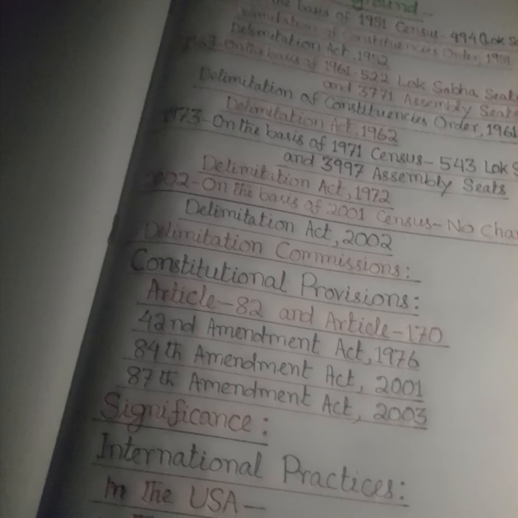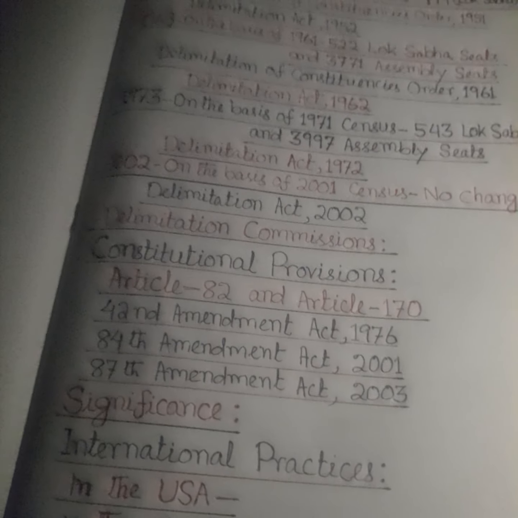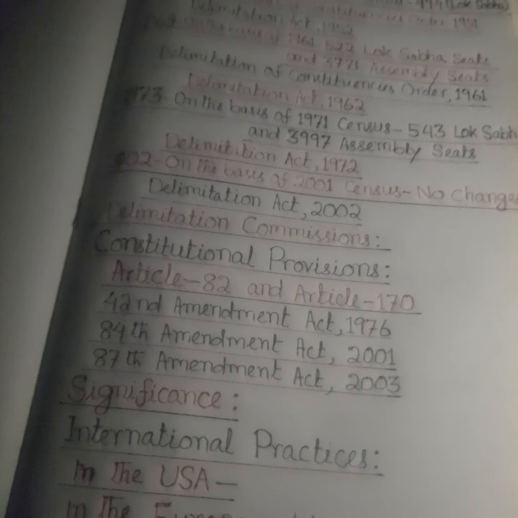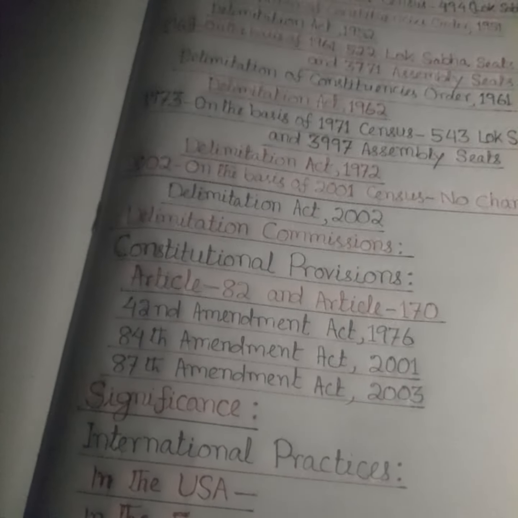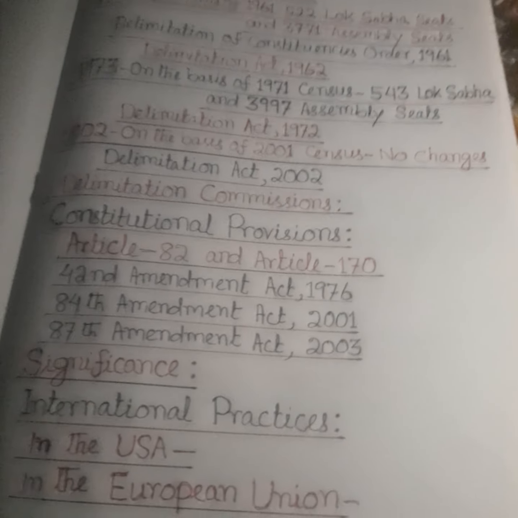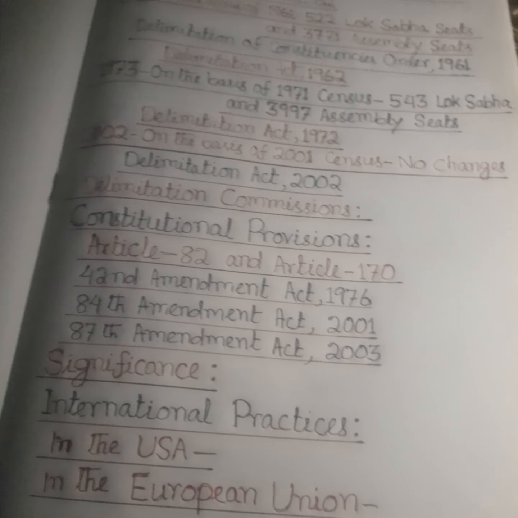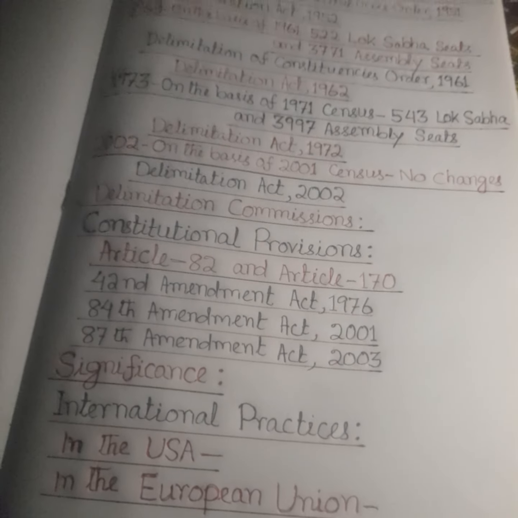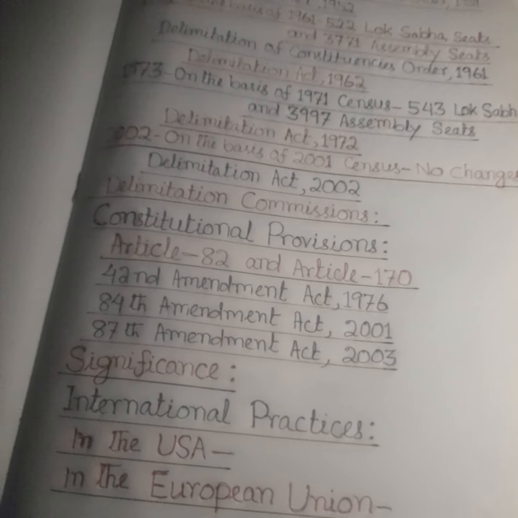2026. And the historical background further shows that the last delimitation exercise that changed the state-wise composition of the Lok Sabha was completed in 1976 and done on the basis of the 1971 census.